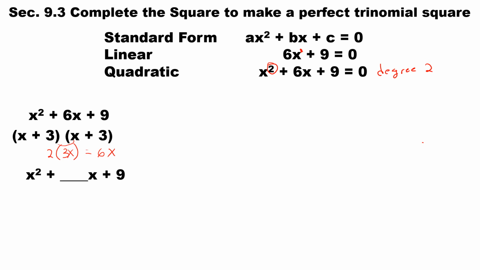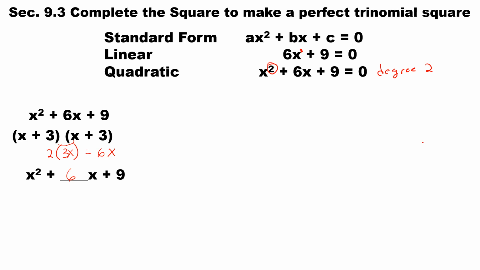But what if I give you this? I said x squared plus blank x plus 9. And I ask you to fill in the blank so that it is a perfect square. What are you going to do? Well, the first thing you're going to do: you know that the perfect square root here is 3, so if I took 3x times 2, that would give me 6x, right?